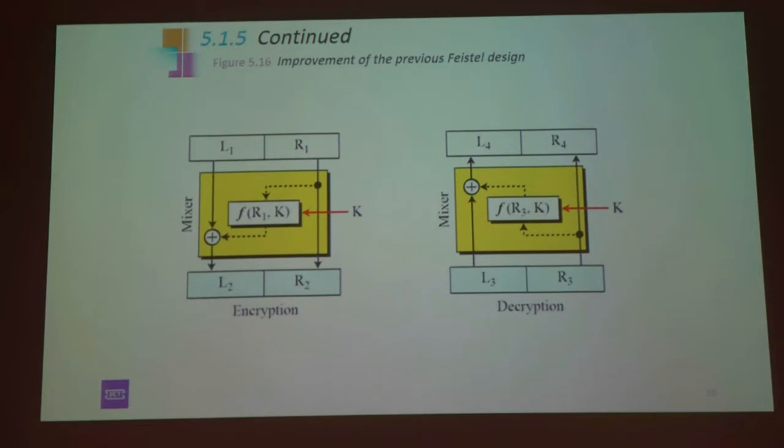Will you be able to take the apple out later? Yes. Even for L2 you can go back, because we already gave R2, which is R1, which was used in the function to get L2.